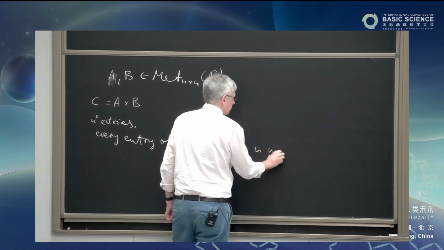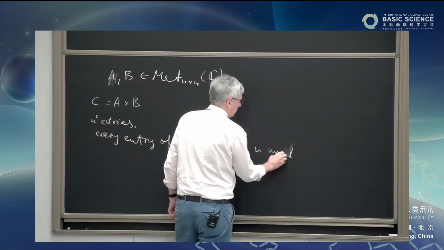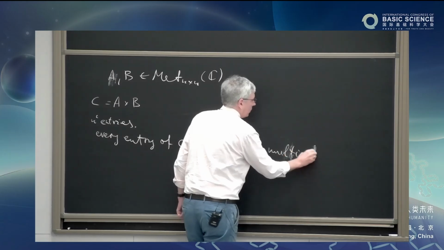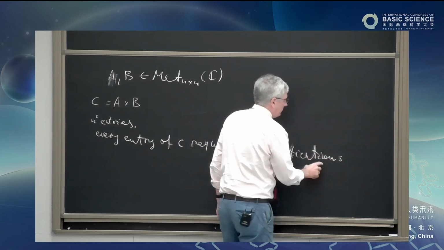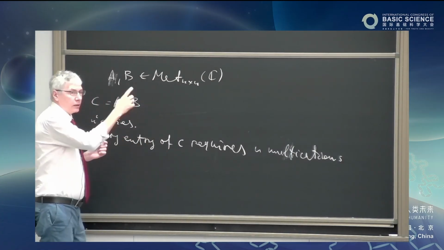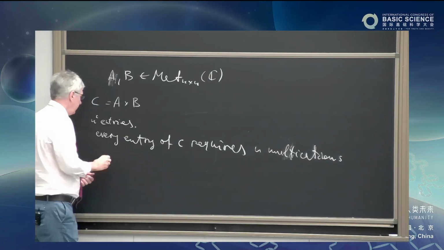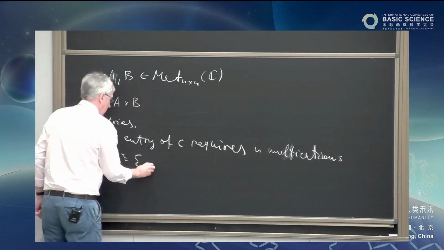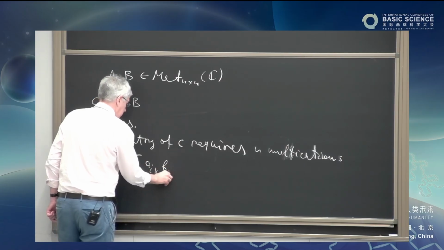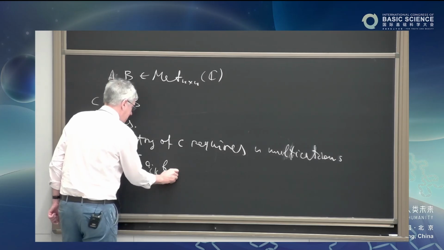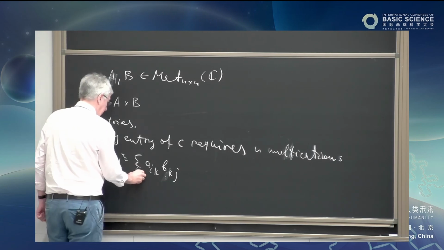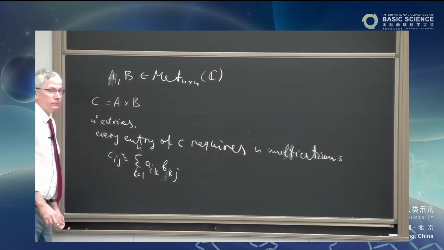So every entry of C requires n multiplications. We consider multiplication as more complicated; I mean multiplications of entries of A and B, row by column, n multiplications, right? C_ij equals the sum of A_ik B_kj, for k from 1 to n, so that's why it's n multiplications.